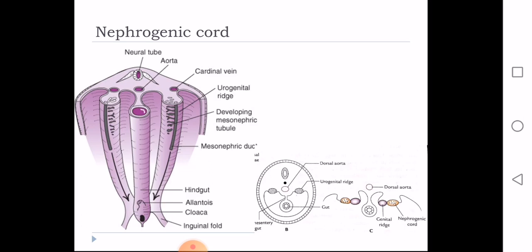Also identify the same structures in B and in C. You can see the urogenital ridge in B. Now in C, what is happening to this urogenital ridge? It is differentiating into two parts, a medial part and a lateral part. The medial part is giving rise to the genital system, so we call it the genital ridge. And the lateral part is giving rise to the urinary system, and therefore it is called the nephrogenic cord.